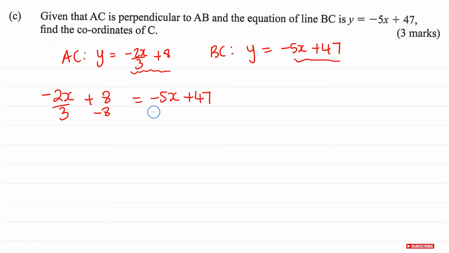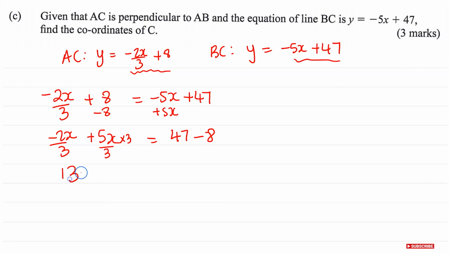So now I'm left with minus 2x over 3 plus 5x, and this is going to be equal to 47 take away 8. Right, if I simplify this, I need to have the same denominator, so I multiply here by 3, which means I'm going to have negative 2x plus 15x, so that is going to give me 13x over 3. And this is going to be equal to 47 take away 8, which is 39.